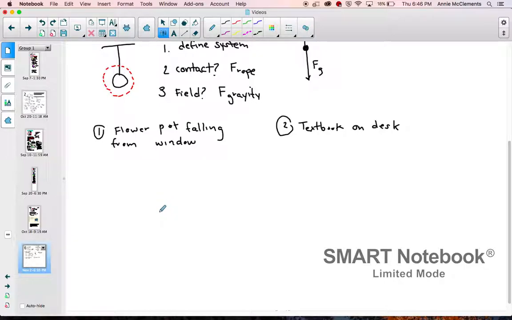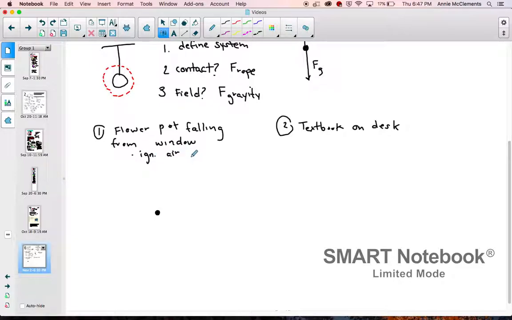So hopefully you've had a chance to sketch these in your notebook. I'm going to go ahead and do the flower pot. I'm going to reduce the flower pot to just a dot. This flower pot is falling from a windowsill, so it's in free fall. There's nothing contacting the flower pot except for the air, and we're going to ignore air resistance. I should have mentioned that.